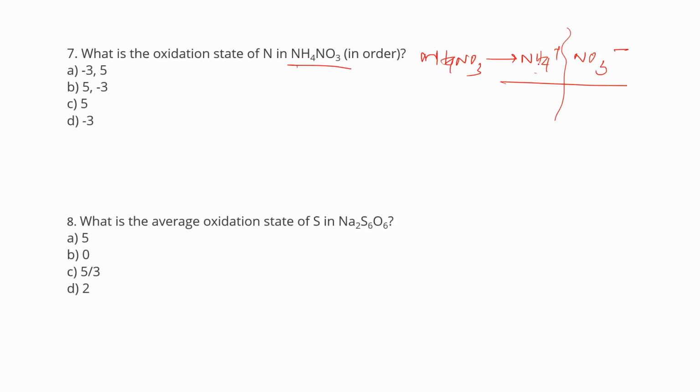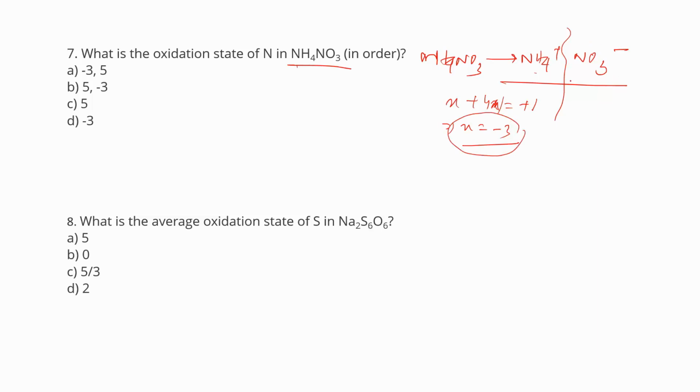We know that hydrogen gives +1 charge. Let us consider the oxidation number of nitrogen is X. So X plus 4 will be +1, because it is a cation. The sum of the oxidation numbers will equal +1. So X will be 1 minus 4, so X will be -3.